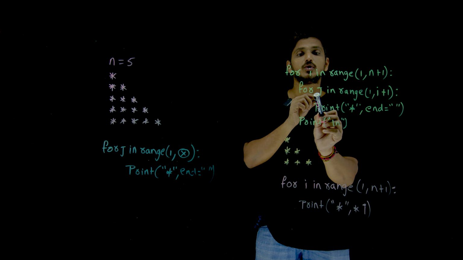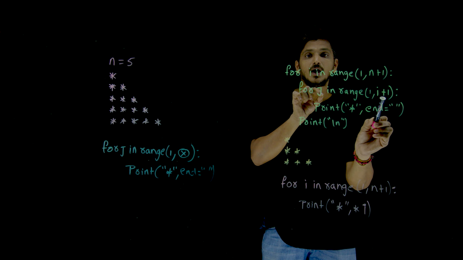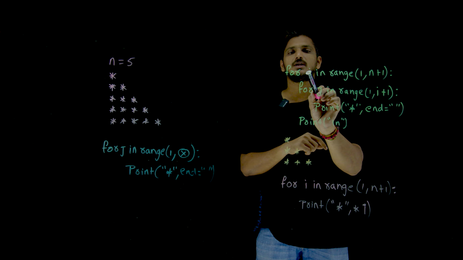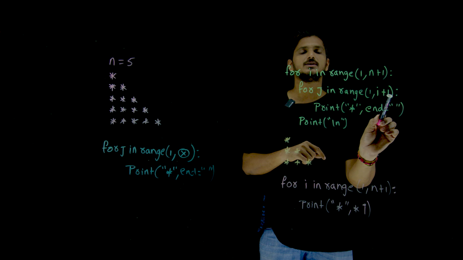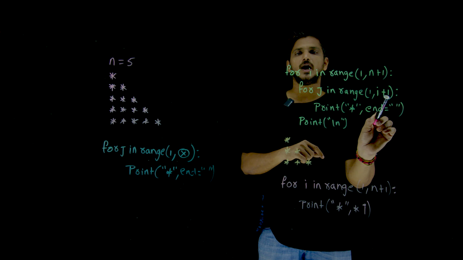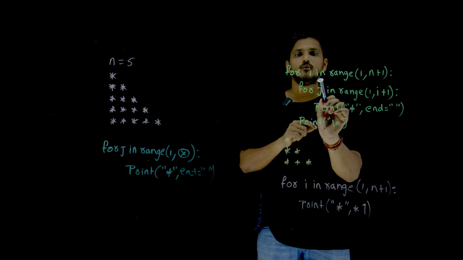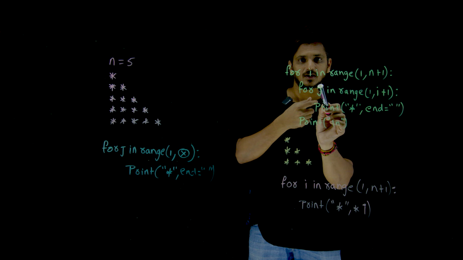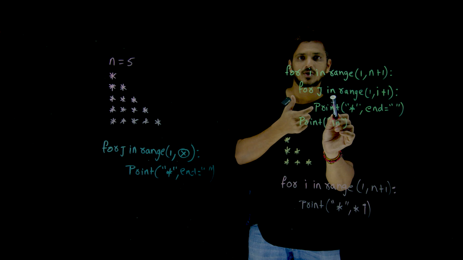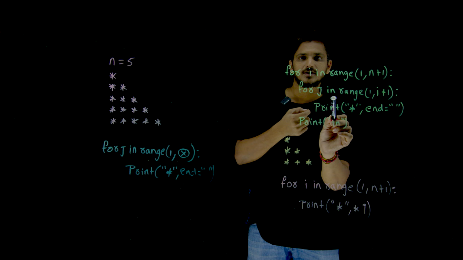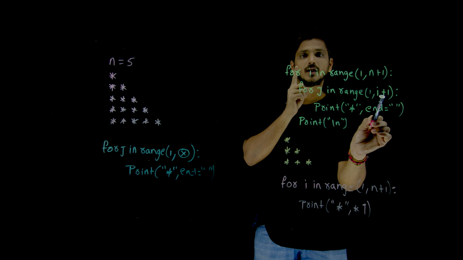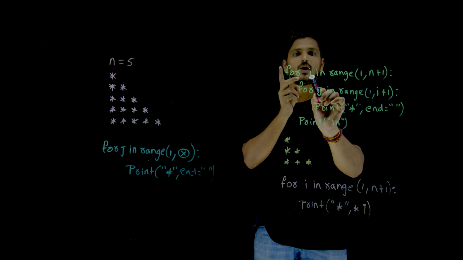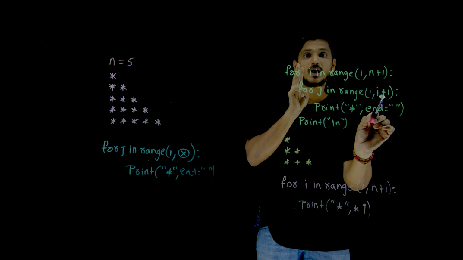That's why we are going to control this inner loop by using the outer loop value. What is that value? 1 comma i plus 1. Whenever the code enters the outer loop the first time, what is the i value? 1. Whenever it enters the second time, the i value is 2. The third time, the i value is 3.